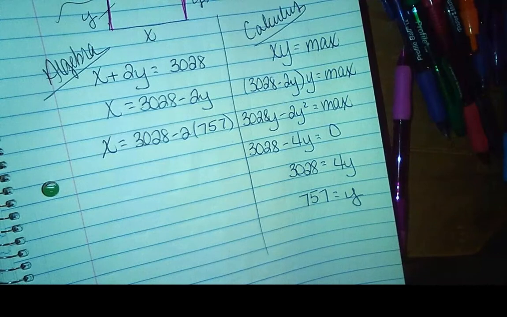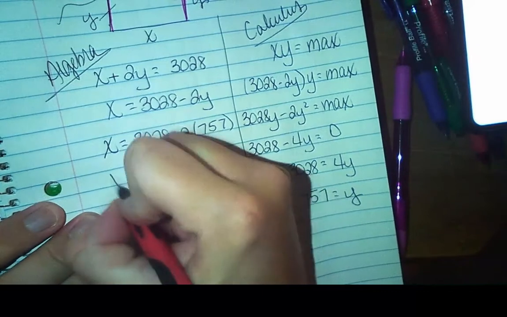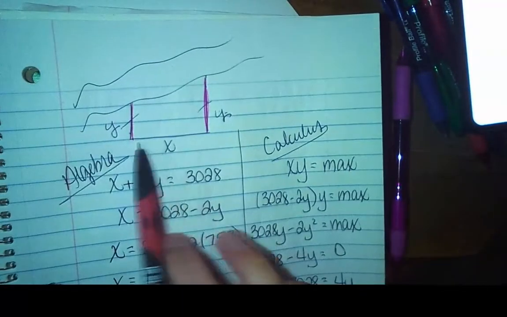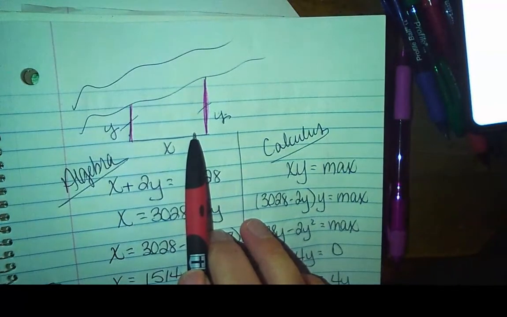All right, so we have a calculator: 3028 minus, and then 2 times 757 gives me 1514. So x is 1514. So this side is 1,514 yards.